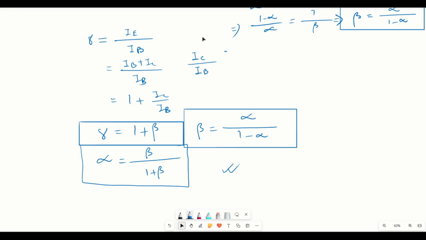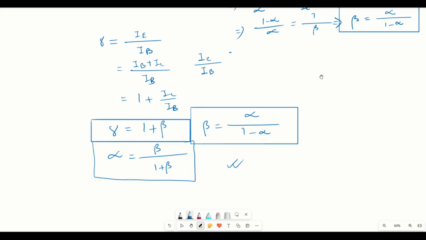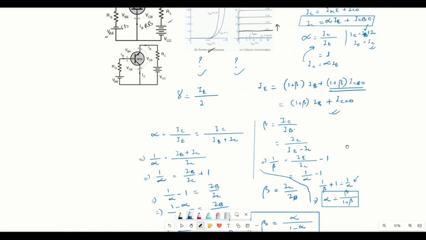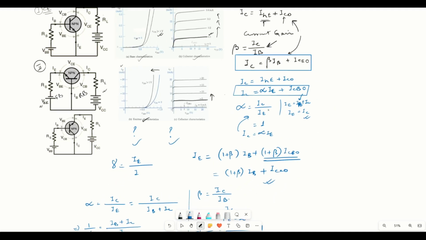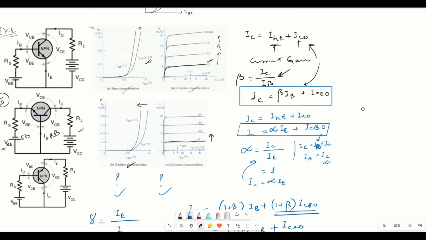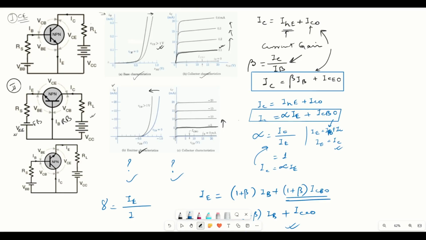Now from the gain, as we have observed, gain alpha is IC by IE. Since IB is negligible, the value of this component will be maximum as 1. If the gain is 1, the circuit cannot attain more than one gain, so that means we cannot use this configuration as an amplifier.